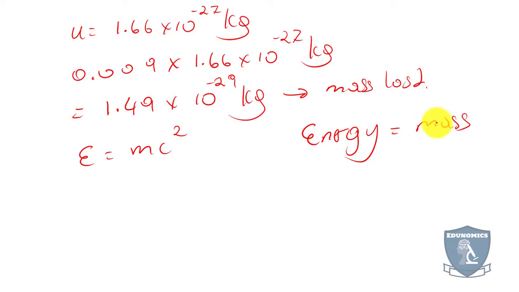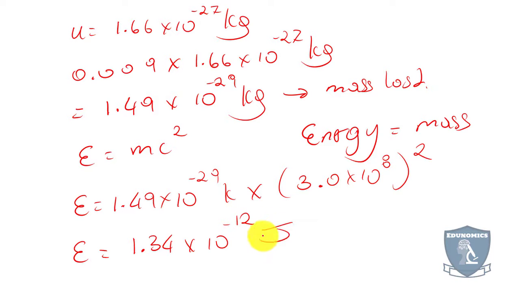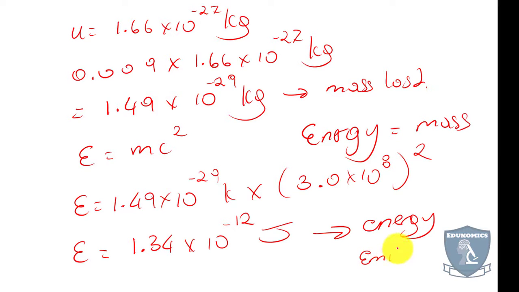So E then is equal to 1.49 times 10 to the minus 29 kilograms multiplied by the speed of light squared, giving us a final value of 1.34 times 10 to the minus 12 joules. And this is the energy emitted.